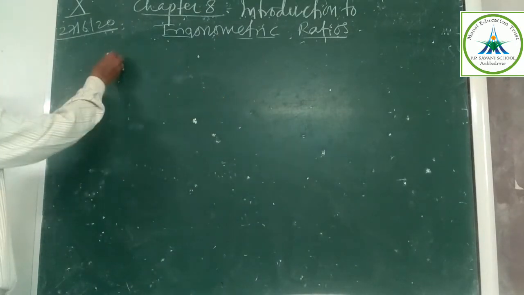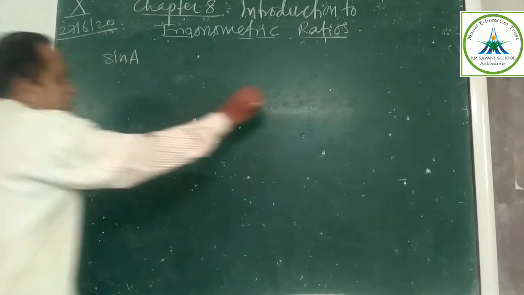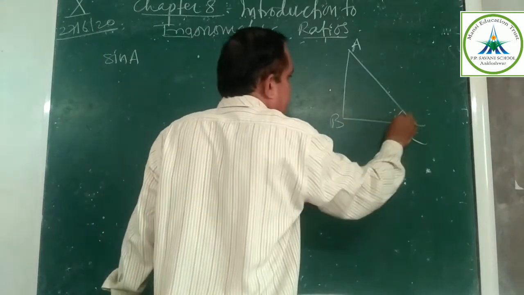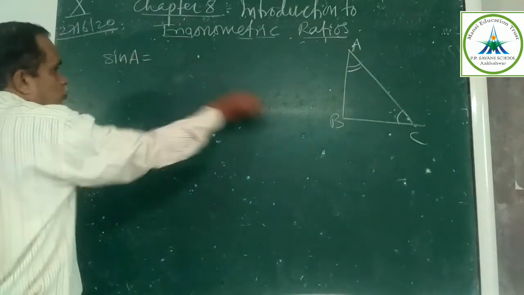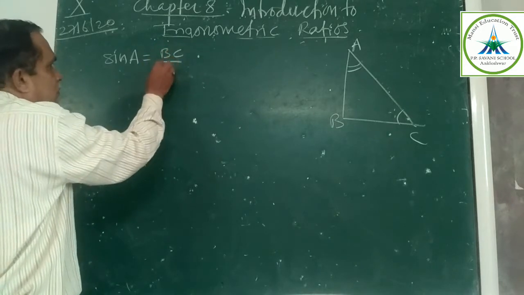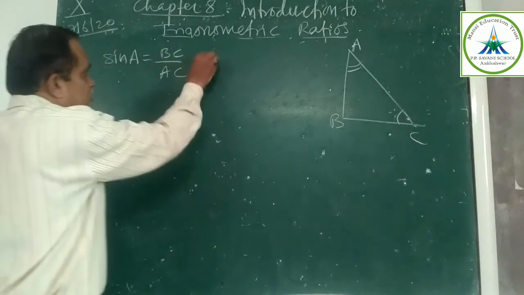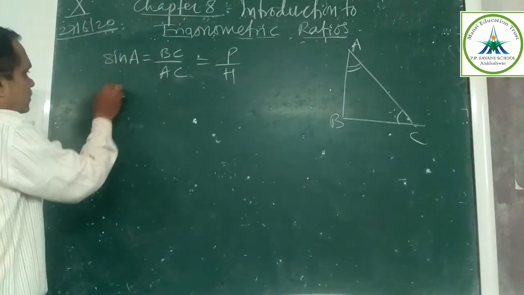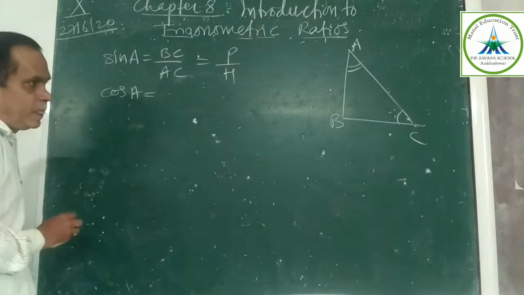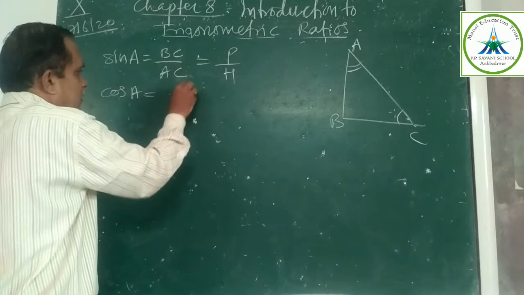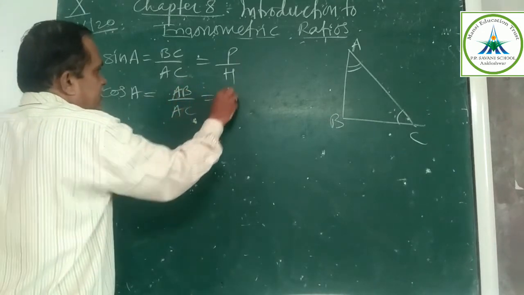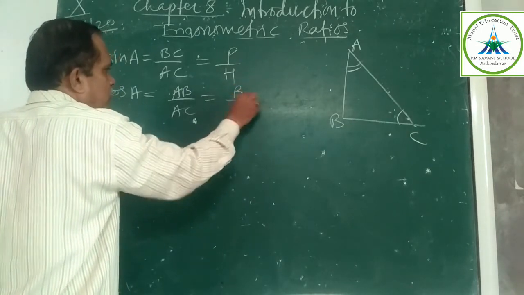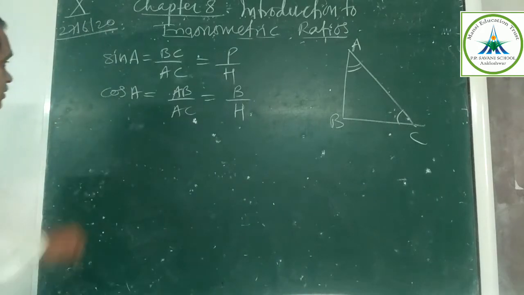I wrote the three ratios for angle A. Sin A equal to BC upon AC, that is perpendicular upon hypotenuse. Cos A equal to AB upon AC, that is base upon hypotenuse for the adjacent side.